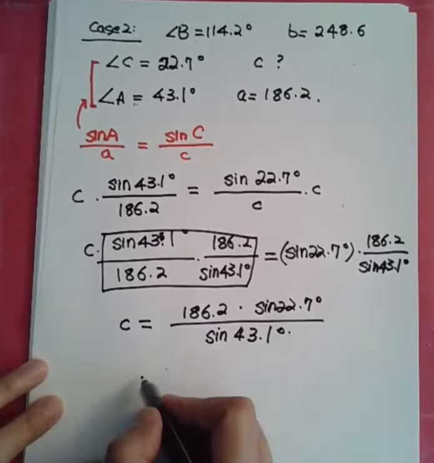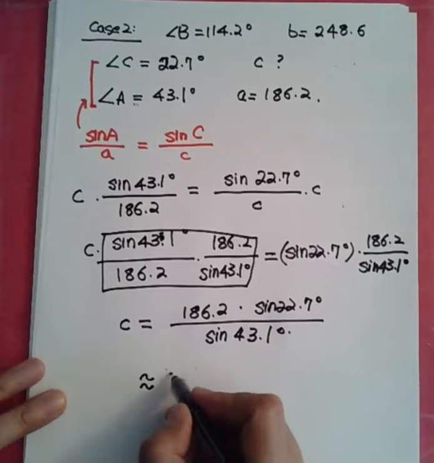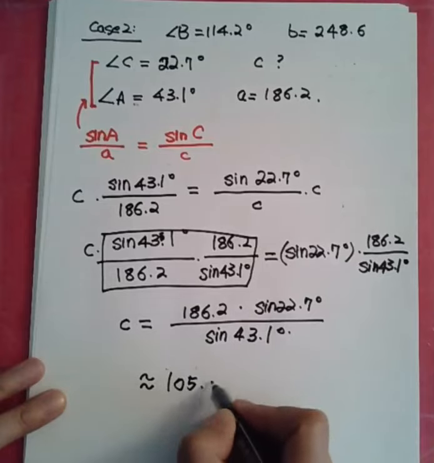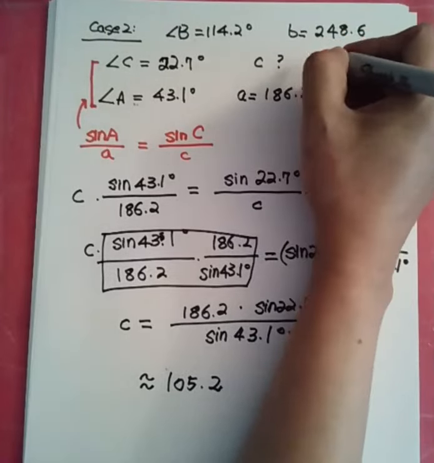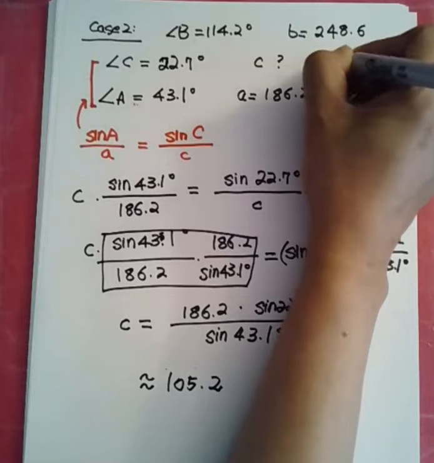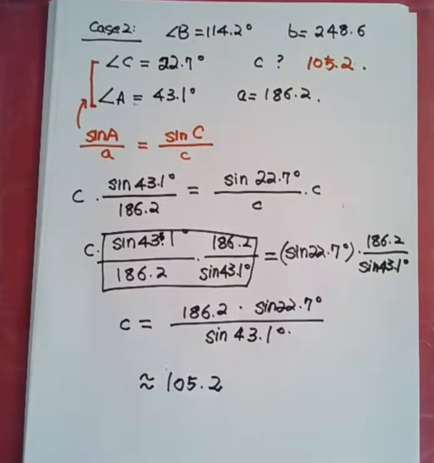So we will use the calculator, then we get 105.2. So this C is 105.2. That is the complete solution.